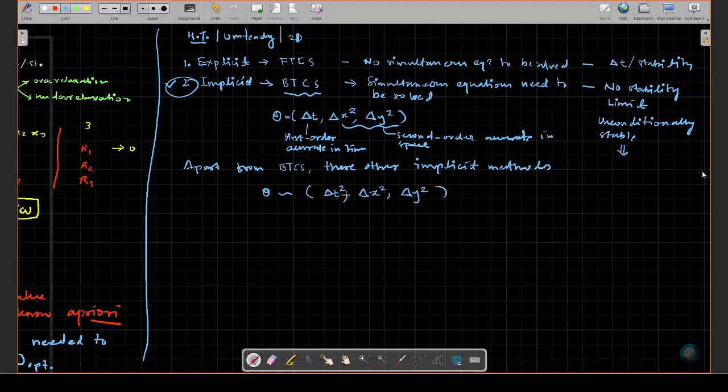So we can get something like second order accurate in time, second order in space. So that scheme will be better, isn't it? There are implicit methods which have order of accuracy delta t square and delta x square, and today we'll see one of the methods that is called the Crank-Nicolson method.